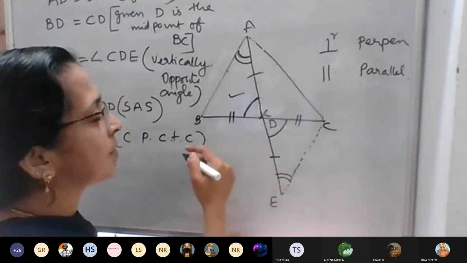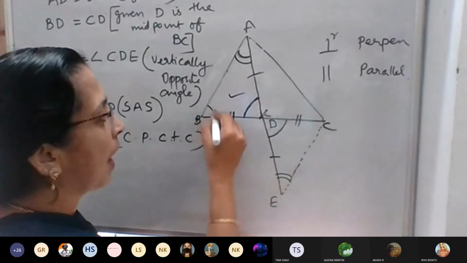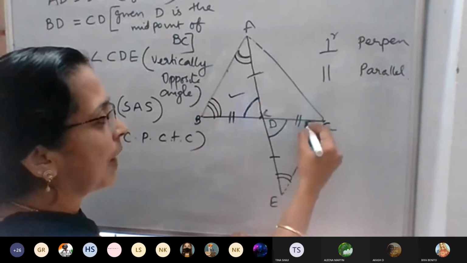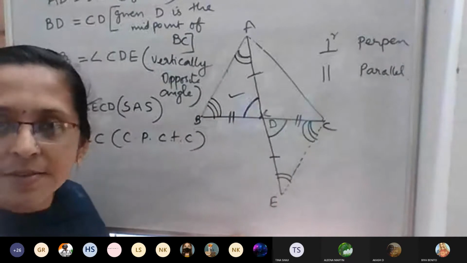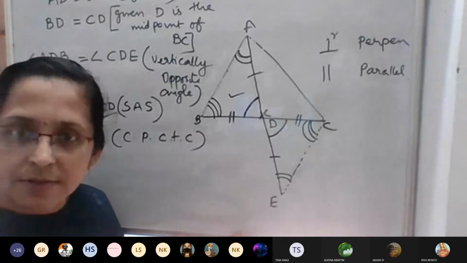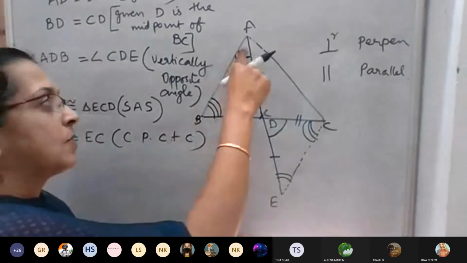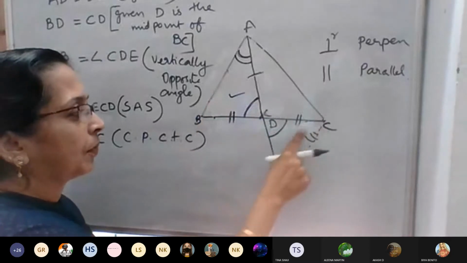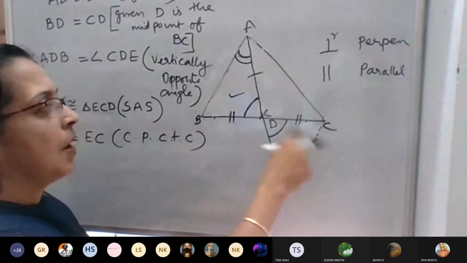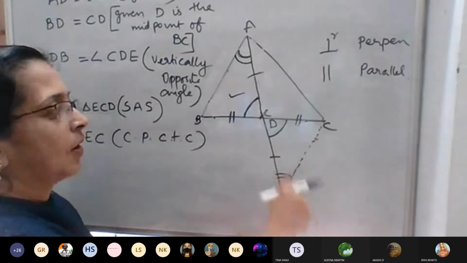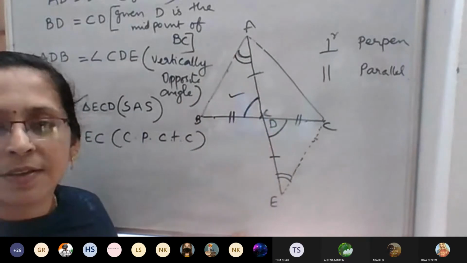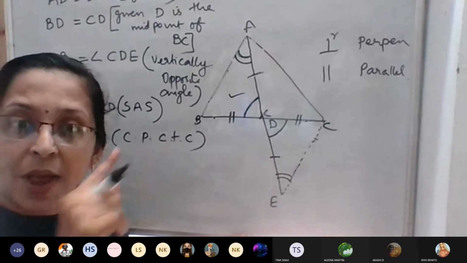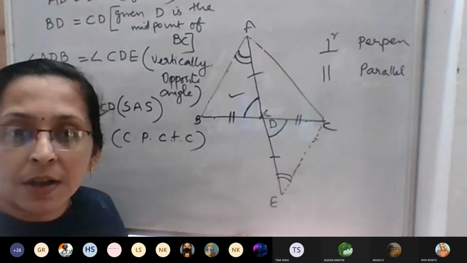Similarly, we can say which two angles are equal. Angle B is equal to angle C. All sides, all angles will be equal since these two triangles are congruent. So no need of this, only that is enough now for us. Alternate angle concept. What we can write? That two angles are equal.